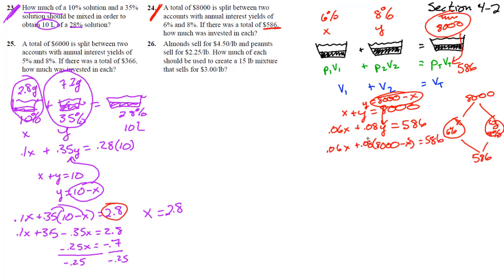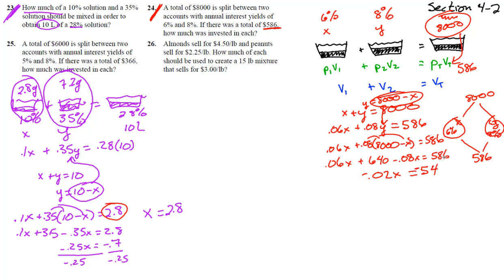Cool. So let's distribute that and we get 0.06x plus 640 minus 0.08x equals 586. Subtract those and we get negative 0.02x equals, subtract 640 over there, and we get negative 54.